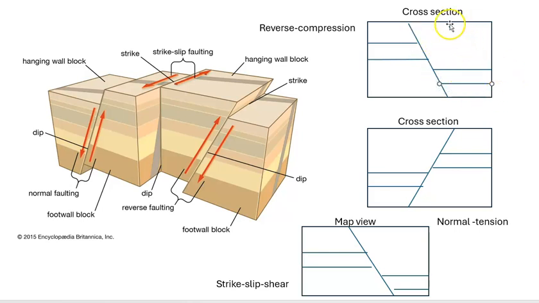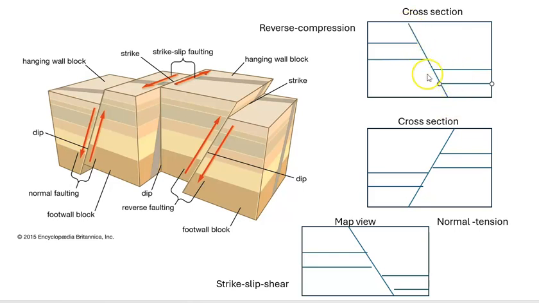So look, this is still a cross section, still a side view. I put my finger or my pencil on the fault and I move straight up. This is the hanging wall. What did the hanging wall do here? It went down. Now I've changed this to a normal fault because moving down the hanging wall is normal.